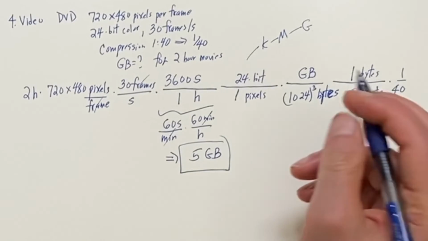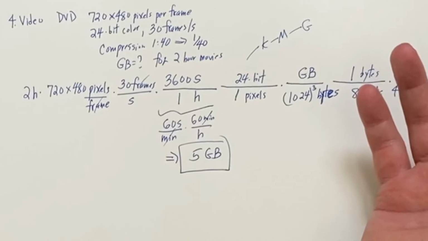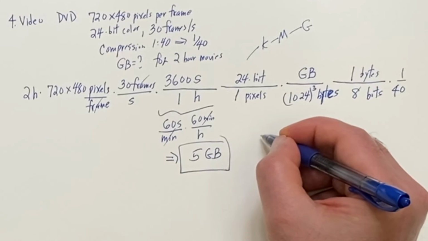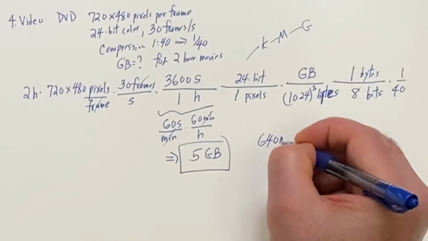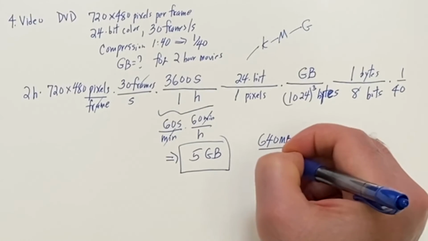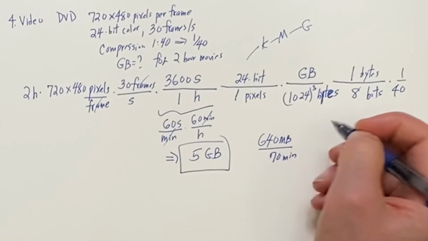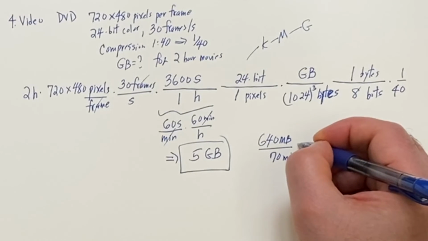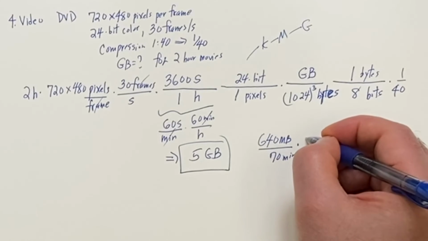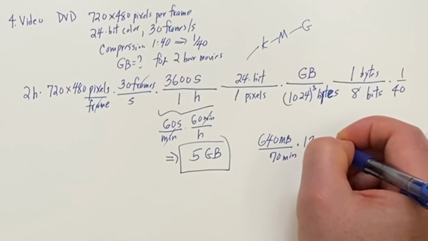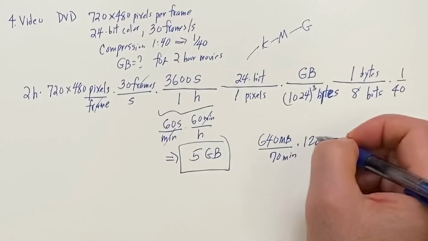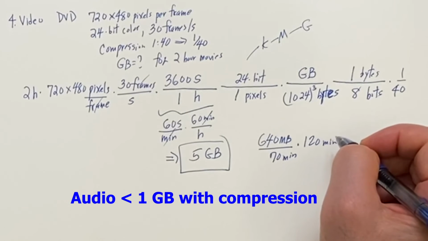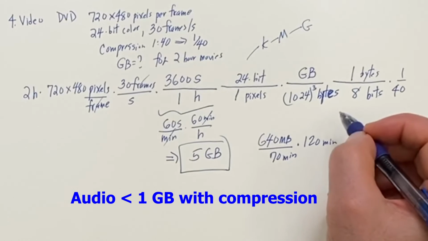And if you were to put the audio in, you would find the audio doesn't contribute much at all, because remember, for the audio, we had 640 megabytes per 70 minutes. And if you want to go with 2 hours on that, that's 120 minutes.